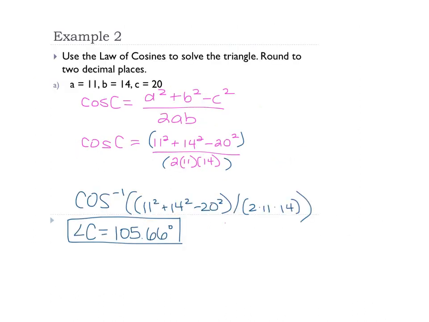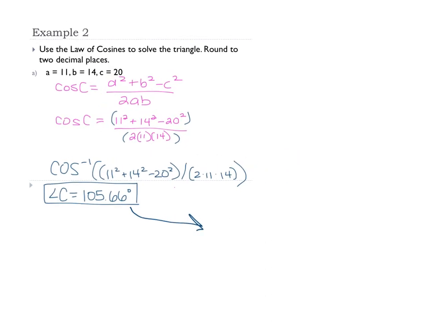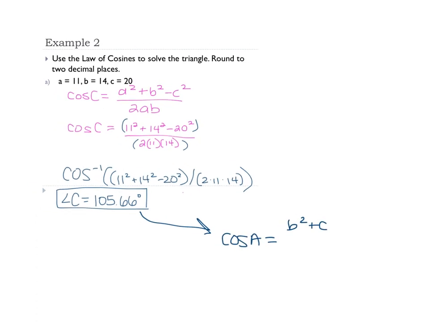So now you've got two options. Stick to law of cosines and do it again for the next angle, or switch to law of sines, and it doesn't matter which one. If I keep with law of cosines and I want to find angle A, the cosine of A would be B squared plus C squared minus A squared over 2BC.